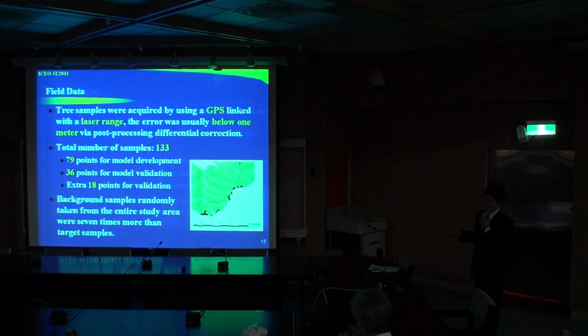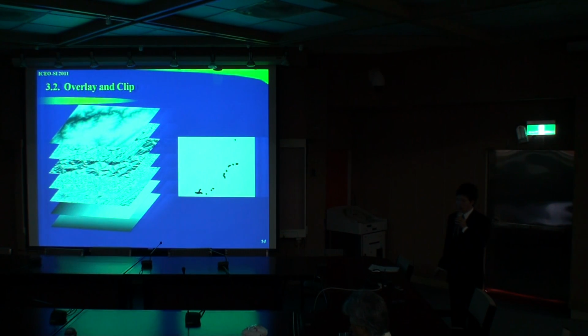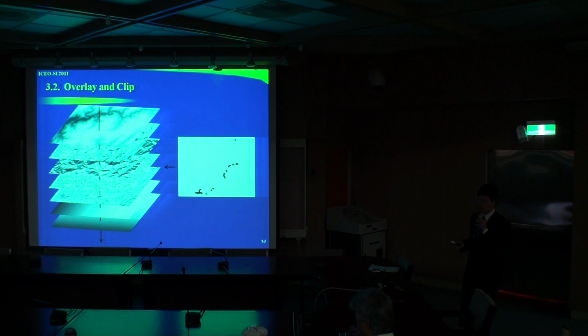And the background samples were randomly taken from the entire area. Then we overlaid this data and clipped it by tree samples to obtain information about each factor at the position of trees.